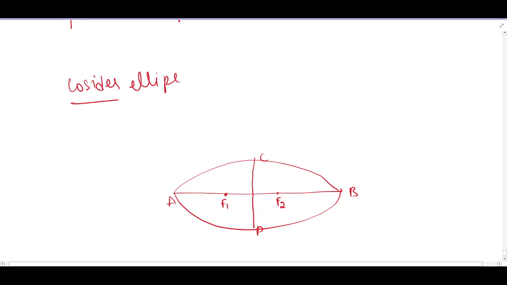We know this is the center O. So OB is equal to a, OF2 is equal to c, and OC is equal to b.